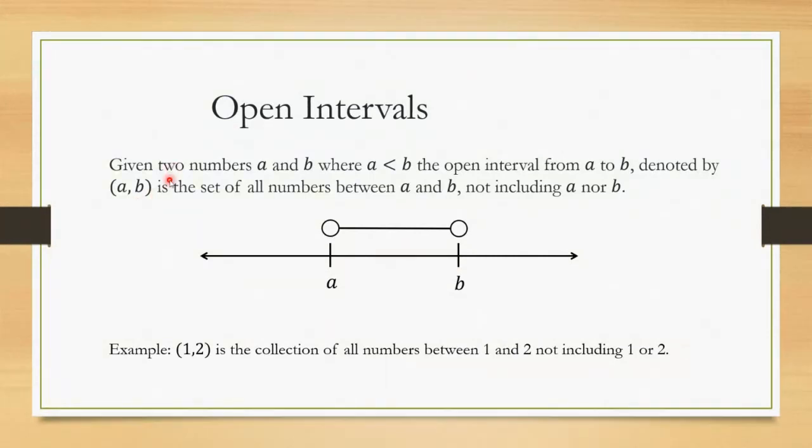Since we're not including them, since we have these parentheses symbols here, we have open circles at A and at B. That's what we have here. And we also draw this line segment connecting them just to show that all numbers between A and B are included. The open circles tell you don't include A and B.